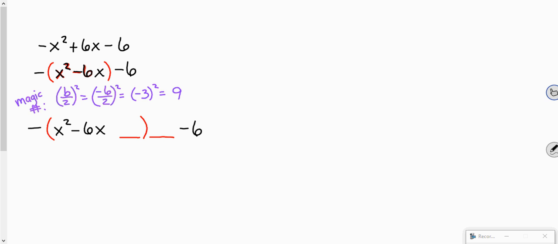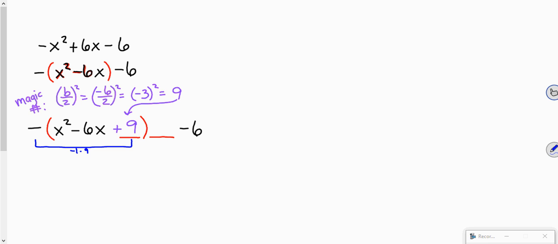Now, the magic number, this 9, gets put in here. But it's the combination of those two multiplied together. That's the actual net effect that happened when I added 9 in the parentheses.